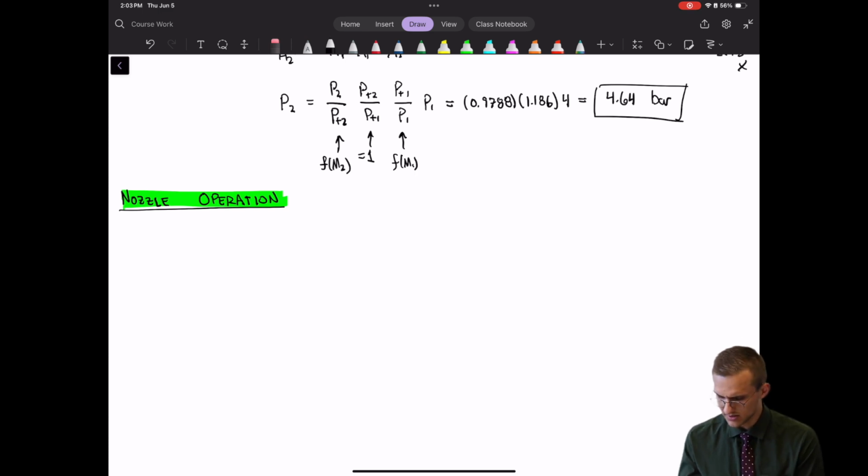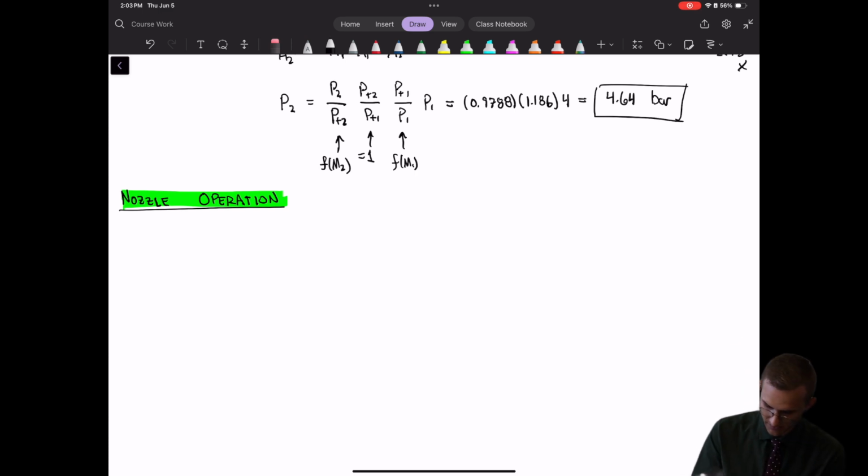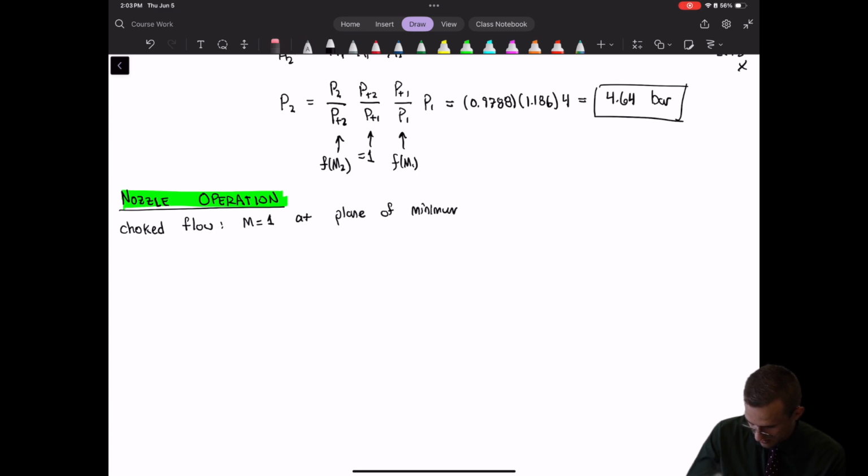So let's write that down: choked flow is, put simply, M equals 1 at the plane of minimum area in a nozzle. Just so you have that written down somewhere.